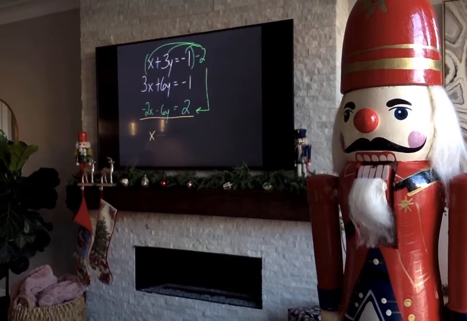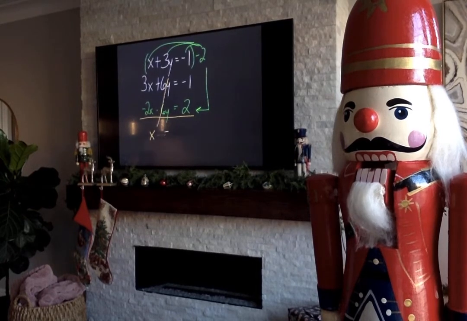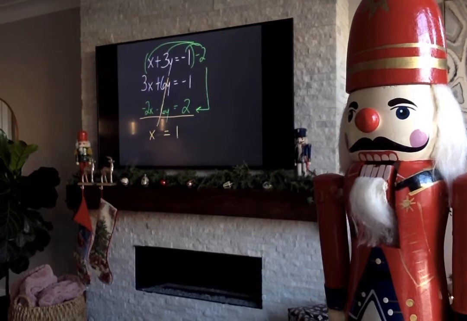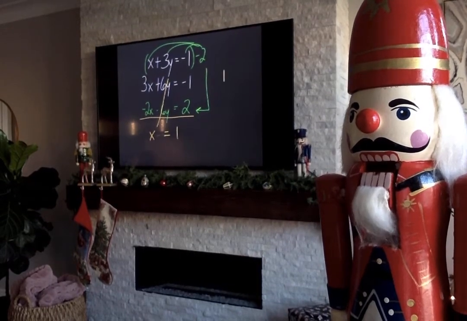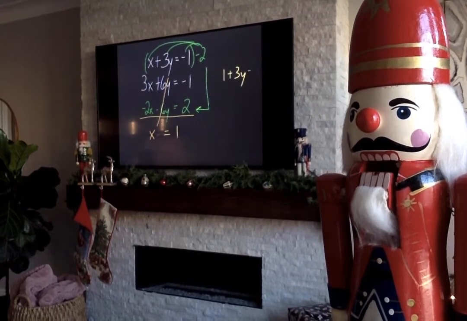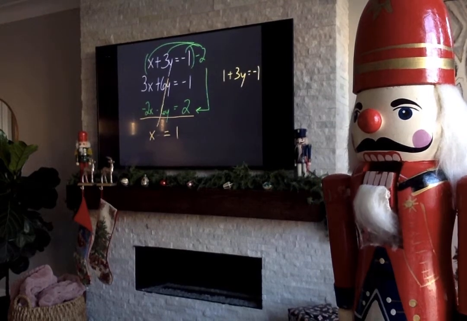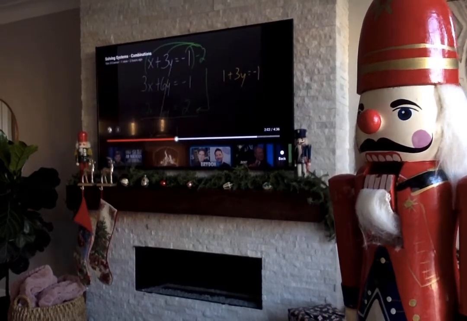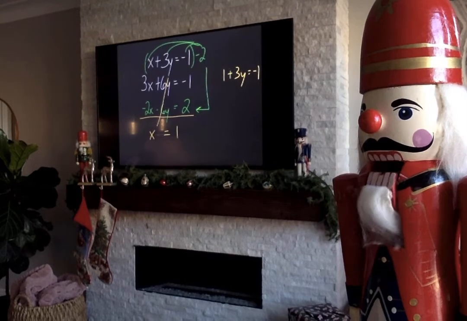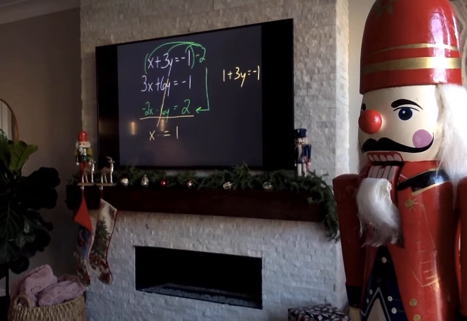And the x's, 3x minus 2x makes 1x, and -1 and 2 combine together to make 1. Now, you can see I've gotten a little too speedy with my work up there, but I got x equals 1.